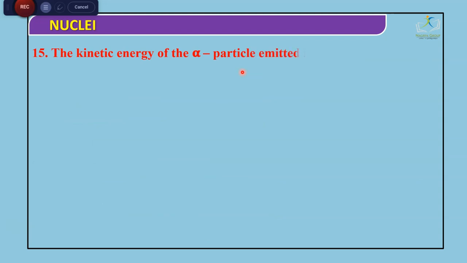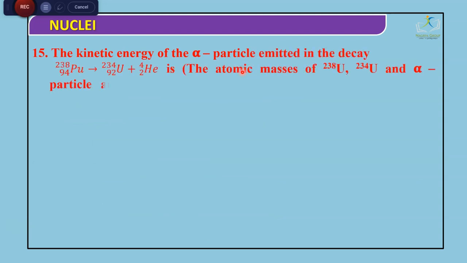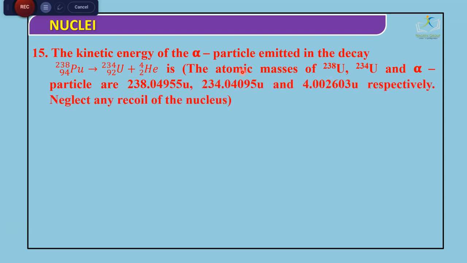Next question: the kinetic energy of the alpha particle emitted in the decay of Pu 94 238 to U 92 234 plus He4. We can say the atomic masses of uranium 238, uranium 234 and alpha particle are 238.04955 u, 234.04095 u and 4.002603 u respectively.